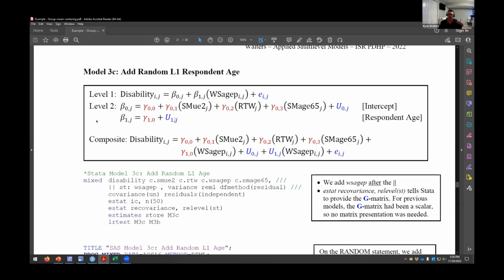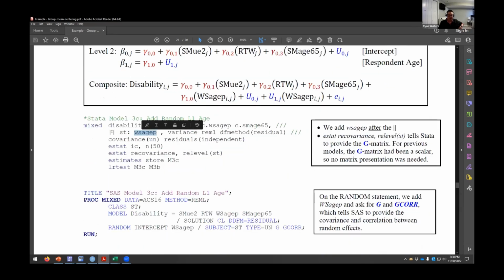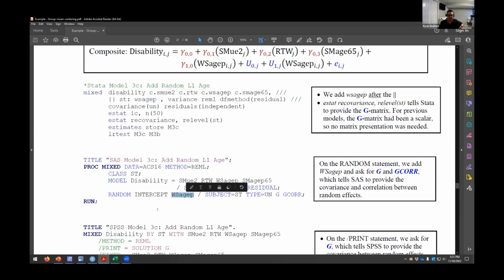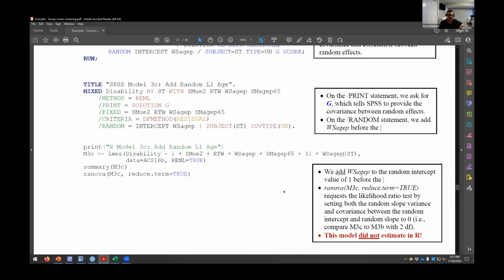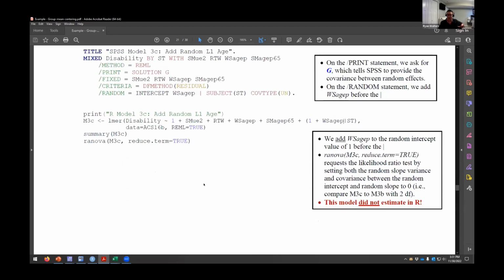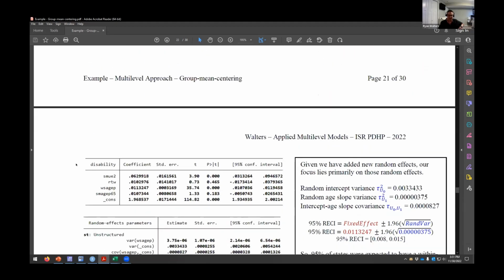Our random effect only represents random effects from that level 1 predictor. We include it after the double pipe in Stata. We include it on the random statement in SPSS and SAS, and we do 1 plus within state age for lmer. Again, this model also did not estimate in R. That was expected given that the other one didn't either.